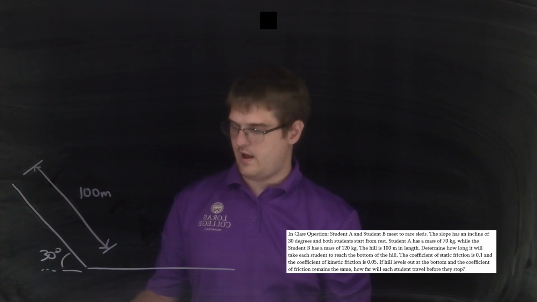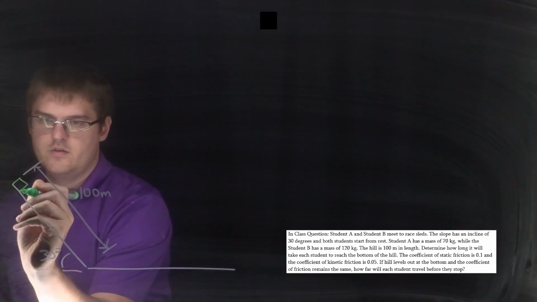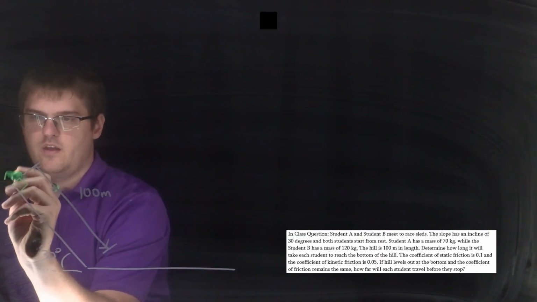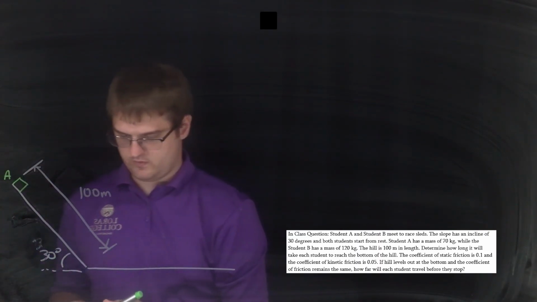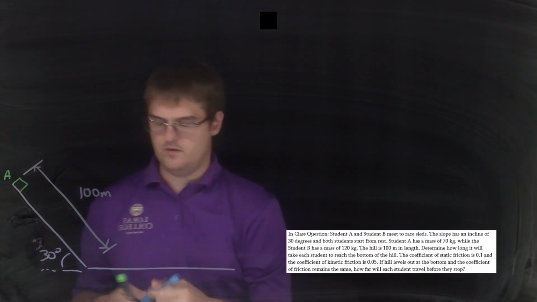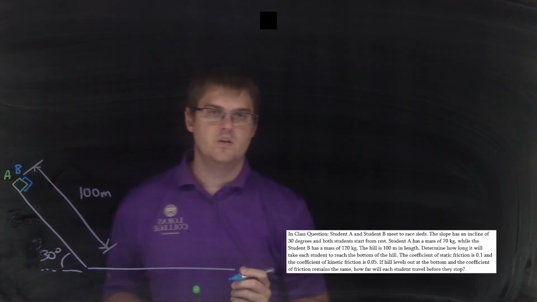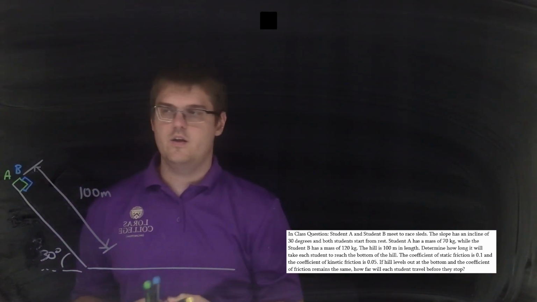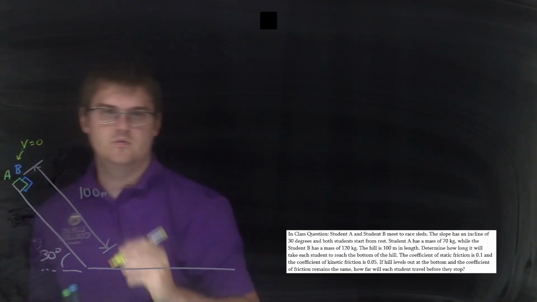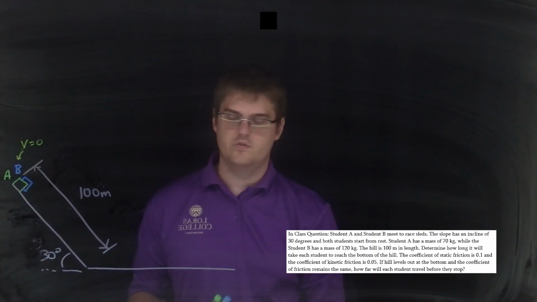So we have a sledder that we're going to call sledder A. This guy is A. And we have a sledder at exactly the same point called sledder B. And both of these 2 are starting at rest. Velocity is equal to 0 at the top of the hill.